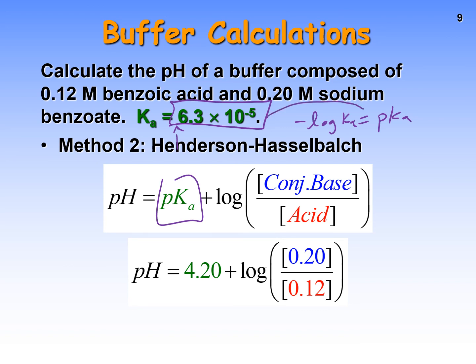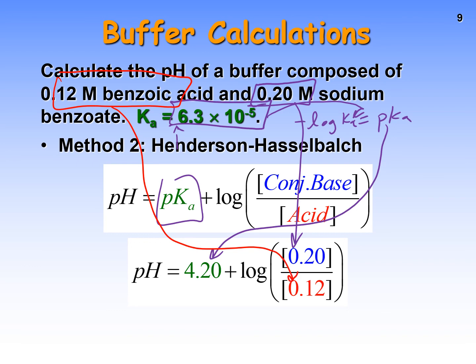And I know my initial concentration of conjugate base is 0.2 molar, so I put that there. And I know my initial concentration of weak acid is 0.12 molar, so I put that there. At this point, I plug into my calculator, hit enter, I get 4.42. And that's the whole problem.